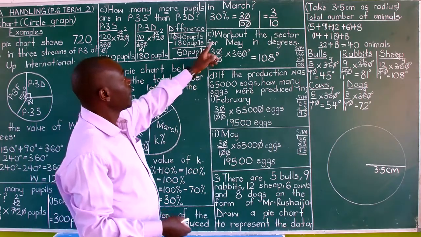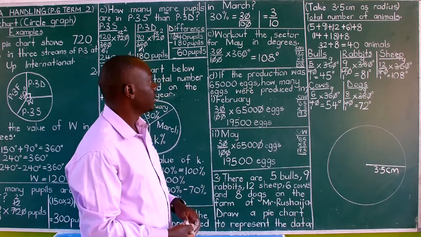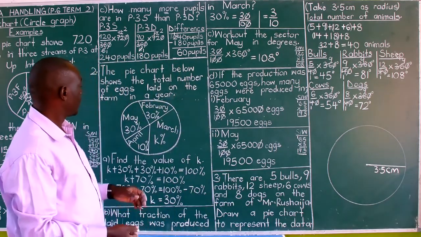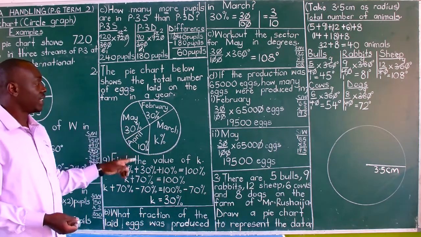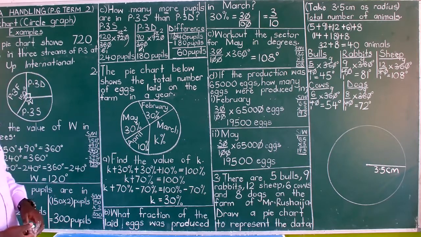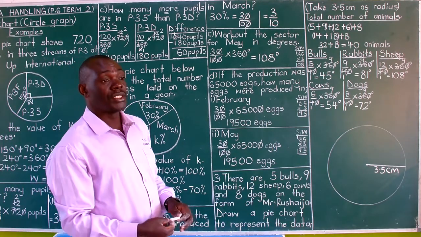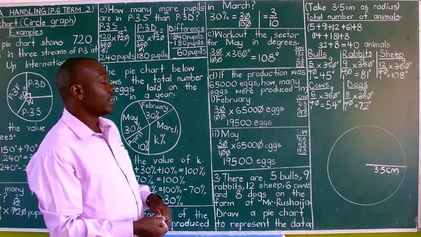Then part C, work out the sector for May in degrees. Work out the sector for May in degrees. Go to May. May reflects 30% here. If that's true, then write 30% in terms of an angle or in degrees.